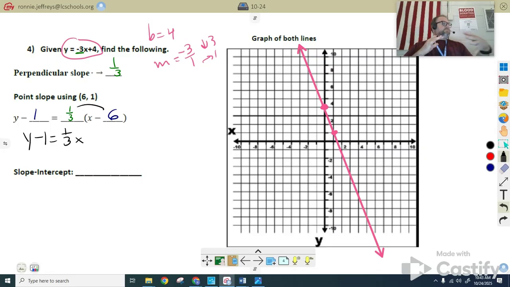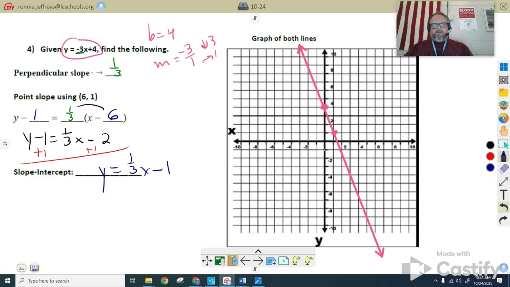All right. When we multiply 1/3 times 6, okay, that's the same thing as dividing by 3. So what's 6 divided by 3? 2. All right, so y equals 1/3 x minus 1.